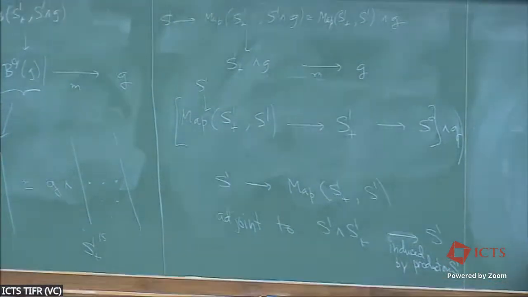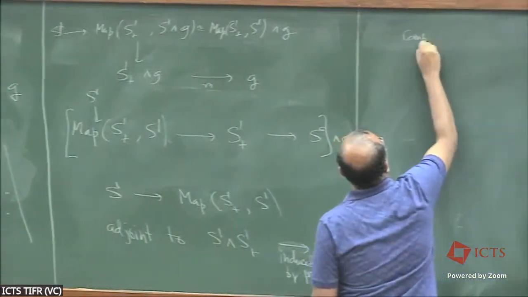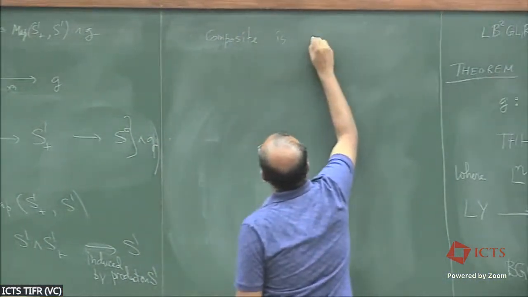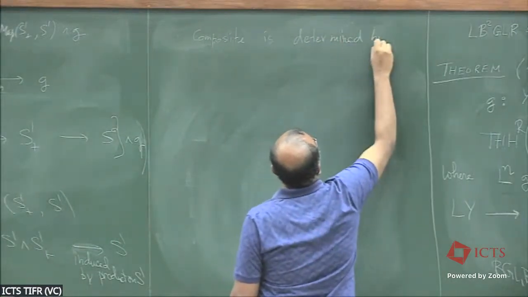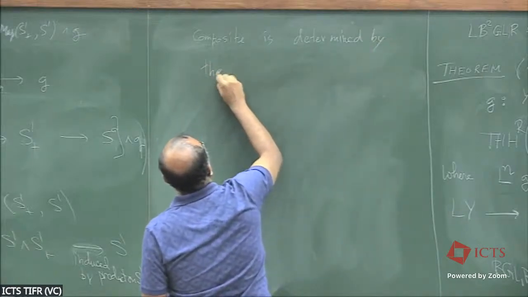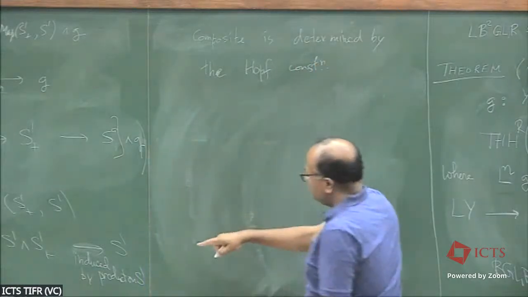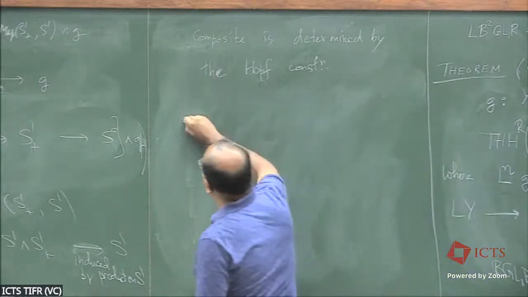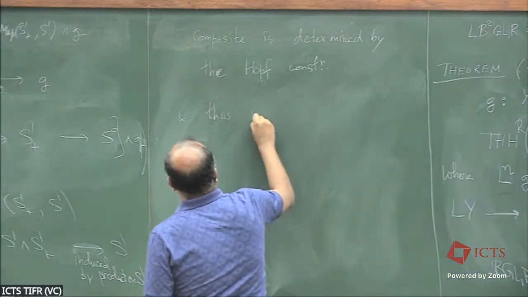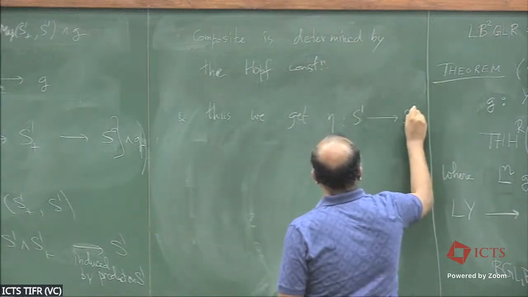and so to figure this out, this composite is determined by the Hopf construction, and you remember that if you do the Hopf construction on the multiplication on S1, you get eta, and thus we get eta from S1 to S0.